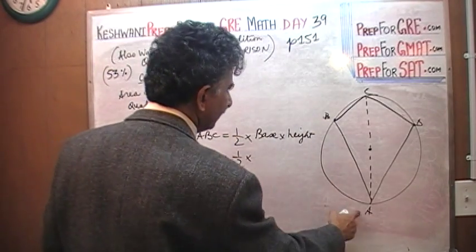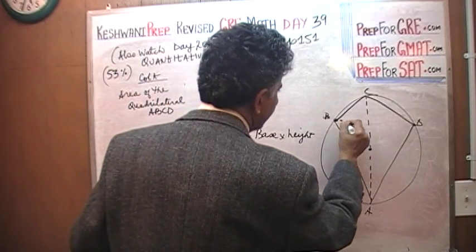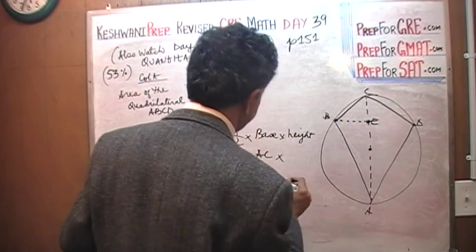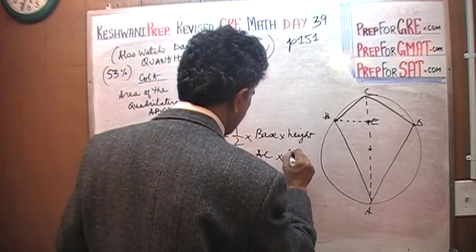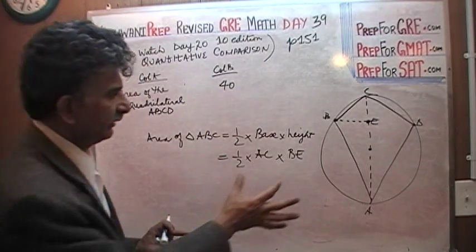Let's give it a name here. We have A, B, C, D, let's call it E. So B to E is the height of that triangle. That's how high the triangle is.